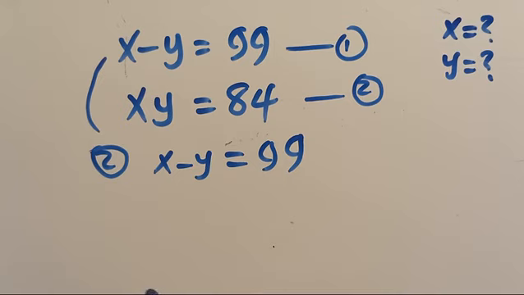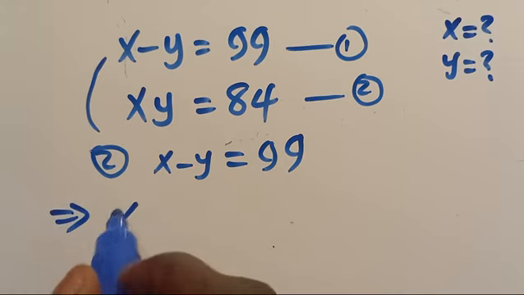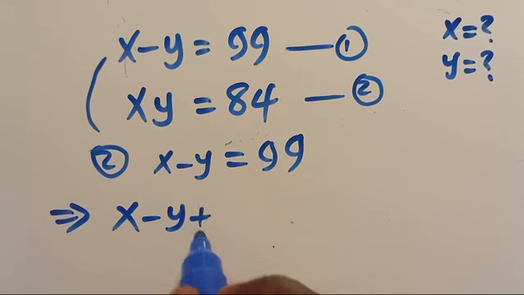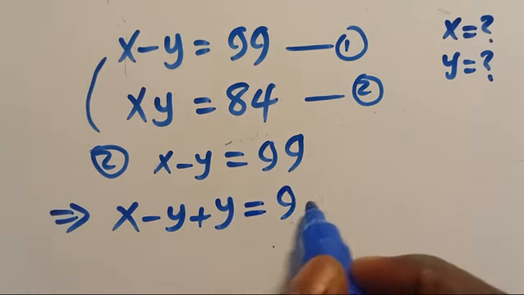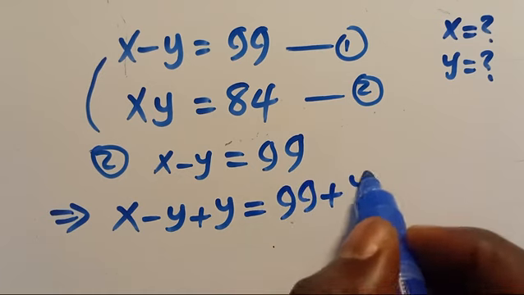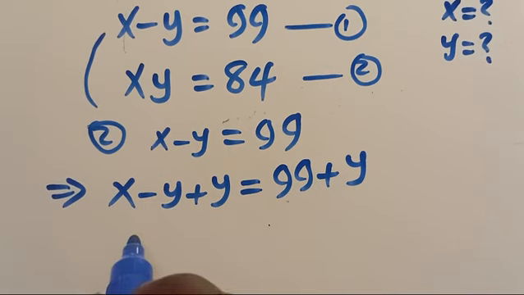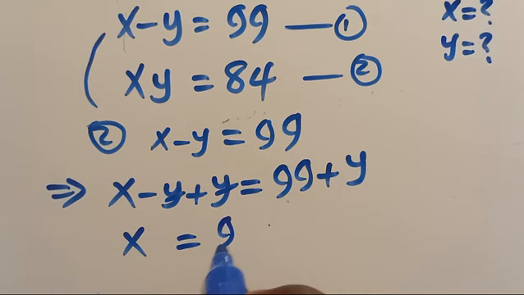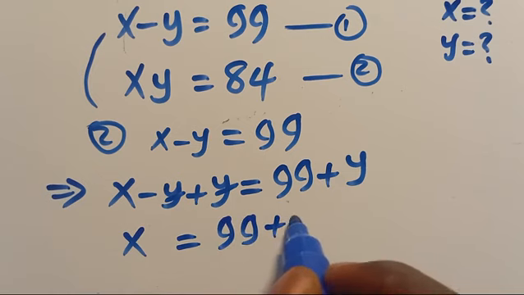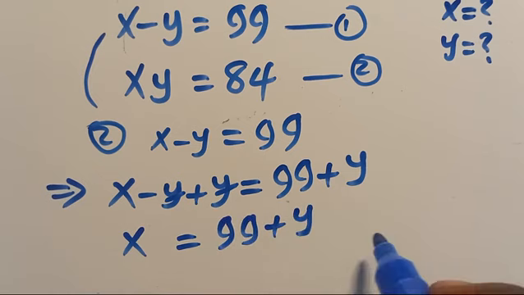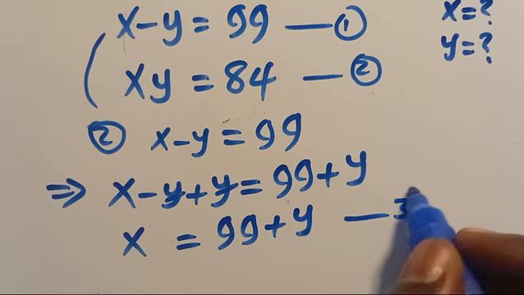So here will be x minus y plus y equals 99 plus y. From this side, we have x, the minus y and plus y cancel out, equals 99 plus y. We can name this equation 3.